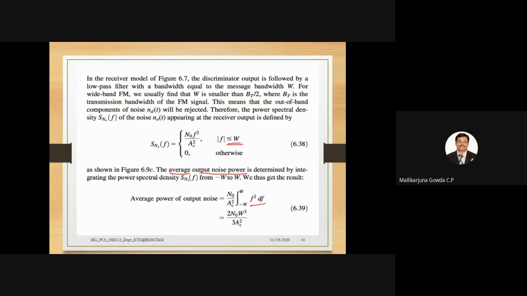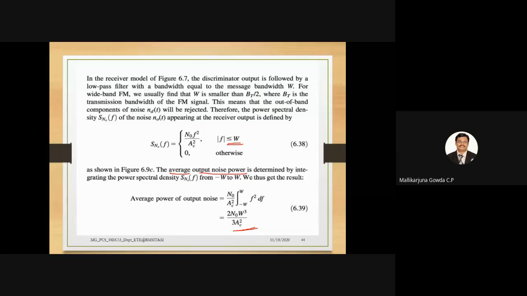If you do the integration and substitute the limits, you will be able to say what the expression is. Quickly, is it possible to say the integral of f squared df will be what? You will get f cubed by 3, right? So you are substituting the upper limit minus the lower limit. If you do that, this will be the expression. So this is the expression for the average power of the output noise.